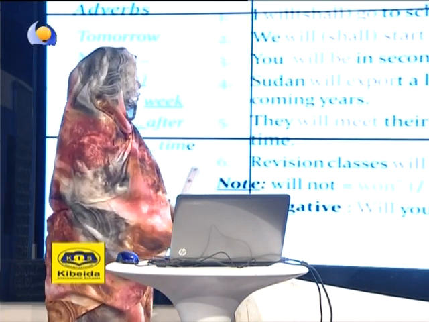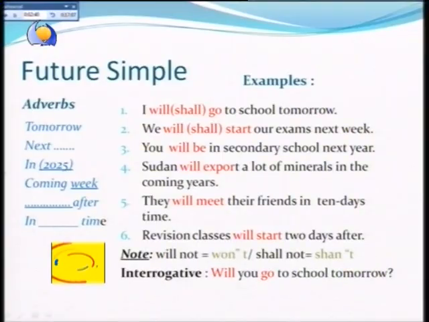Now, note that when we want to abbreviate will not to form the negative, will not is abbreviated won't, and shall not is abbreviated shan't. S-H-A-N apostrophe T, shan't. For example, I will go to school tomorrow. I won't go to school tomorrow.